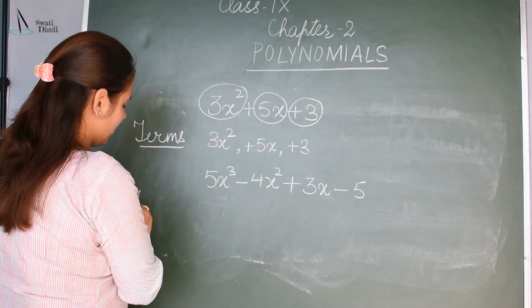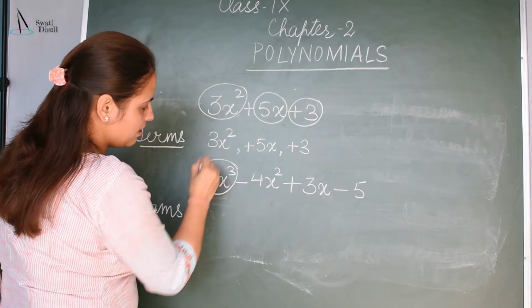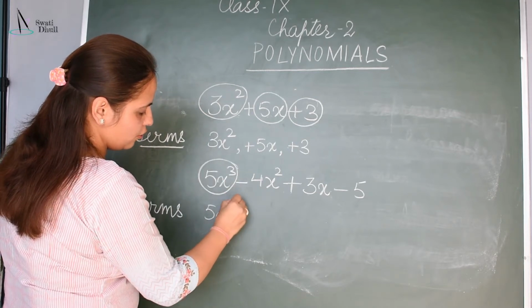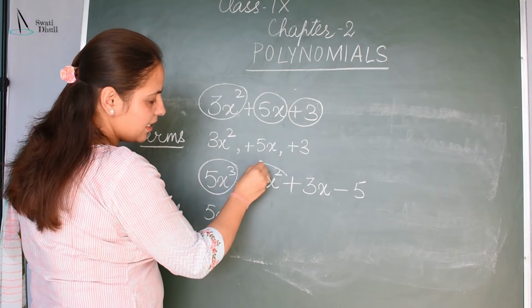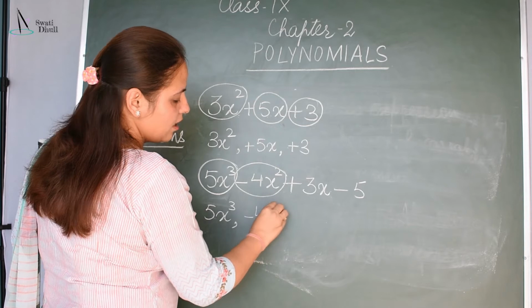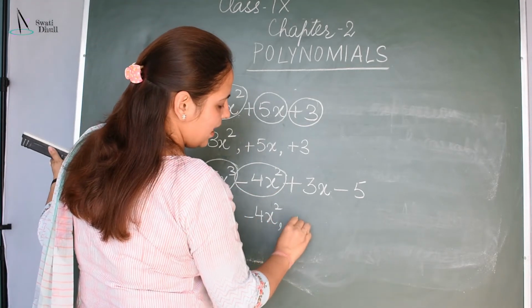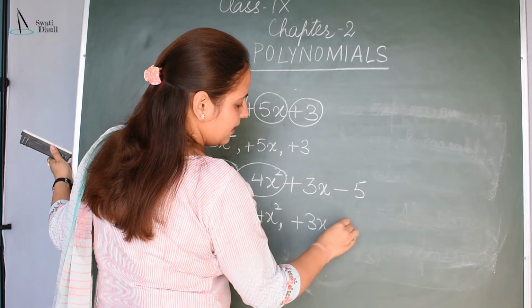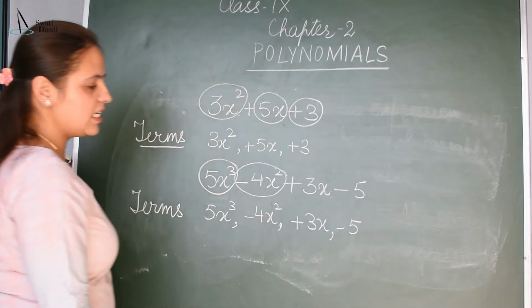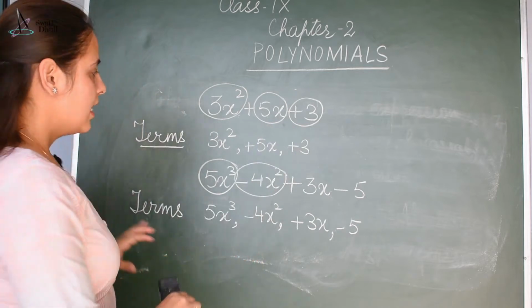So the terms will be: one term is 5x cube. Another term is minus 4x square. You don't have to forget the minus sign with it. Then plus 3x and then minus 5. So these are the terms of this polynomial.